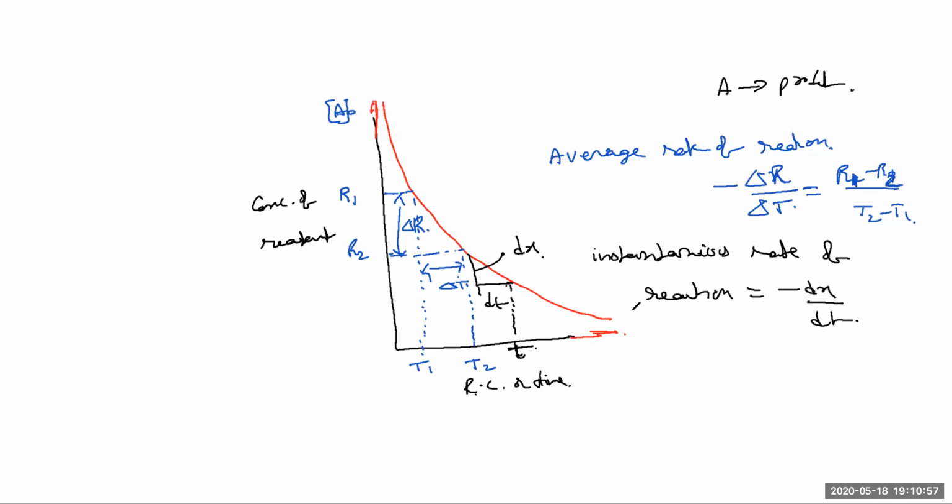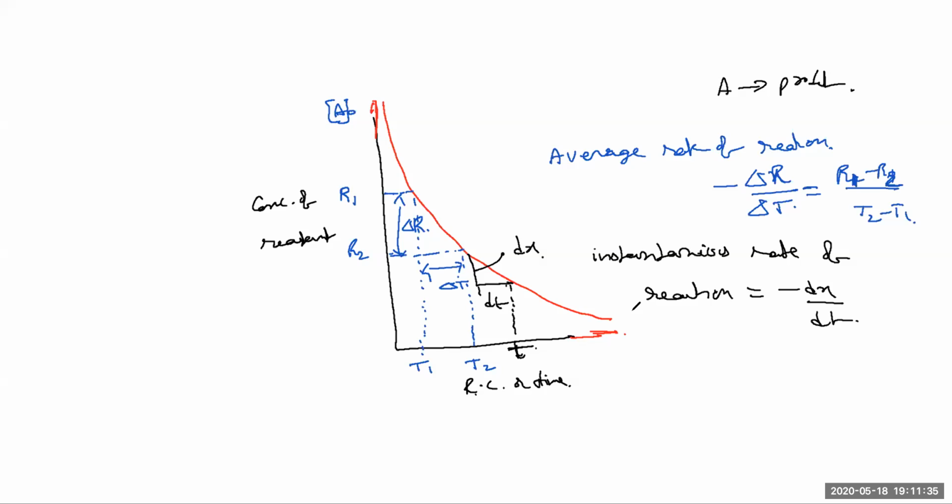If you consider a particular interval of time and distance, the rate in that zone is the instantaneous rate of reaction. But the average is taken over the total 3 hours. Capital delta R by delta T is the average, and small means a particular interval, wherever you consider the change in velocity. Understood? Hello? Yes, sir. Okay.